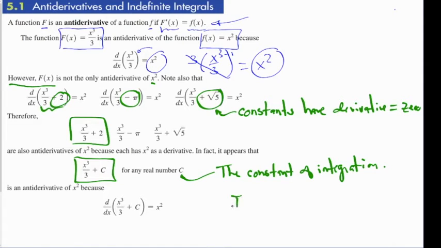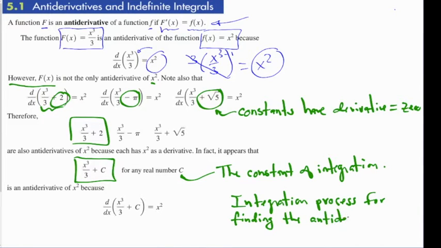So we call it the constant of integration. So we have the general sense of it written here.